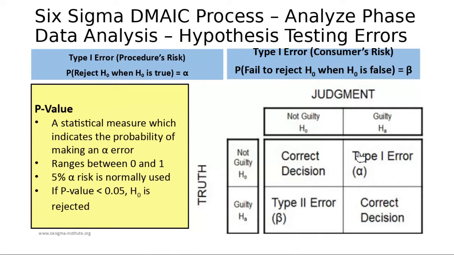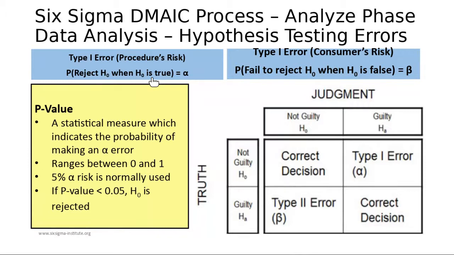I believe there is a spelling mistake here that needs to be corrected for type 2 error and type 1 error. When you reject the H naught and the H naught is true, that is the type 1 error.